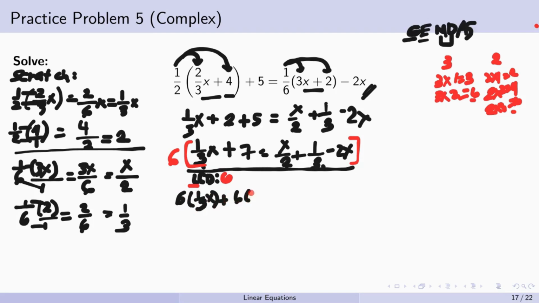Take note, every term must be multiplied to 6. 6 times x over 2 plus 6 times 1/3, then minus 6 times 2x.